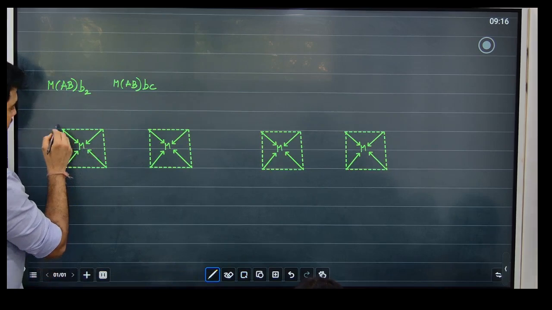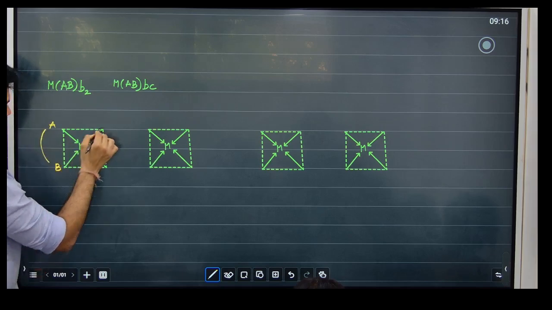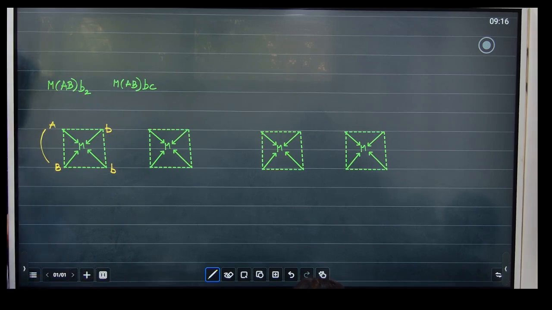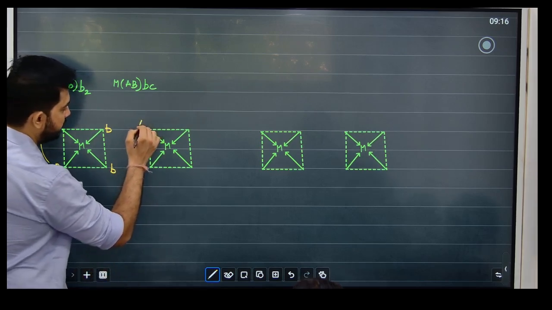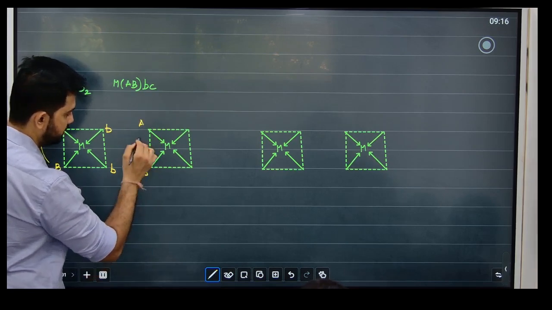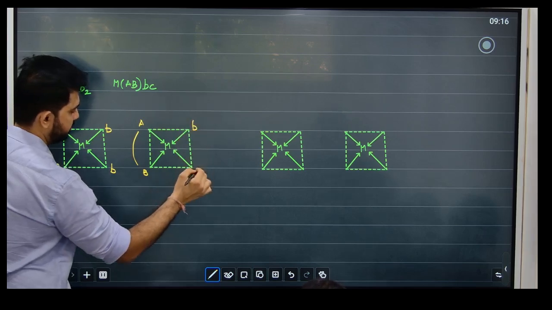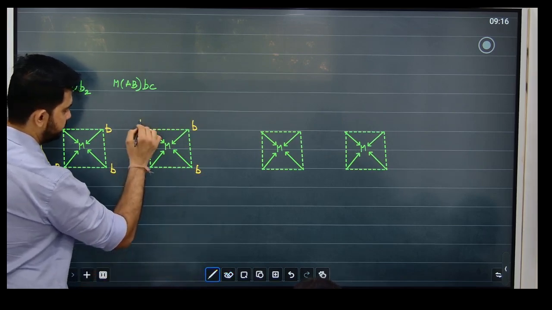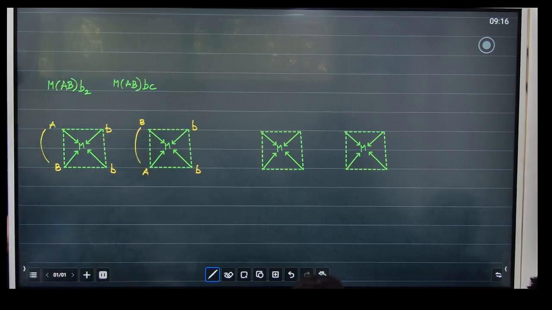So AB, and this is B2. So this is which configuration? Cis or trans? And AB, this is trans, yes or no?